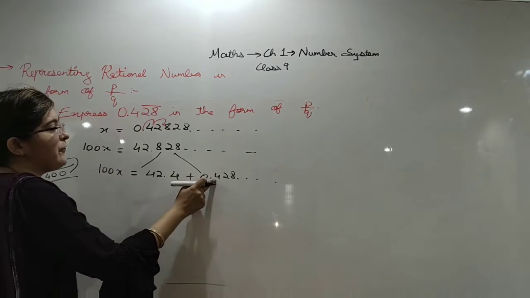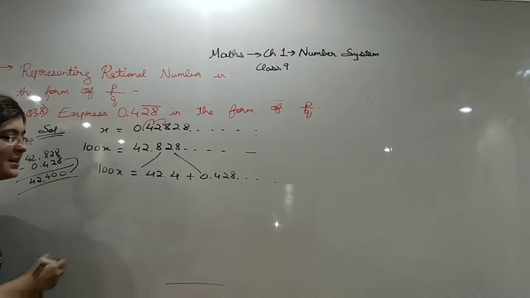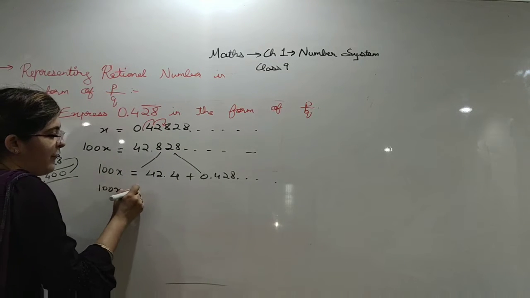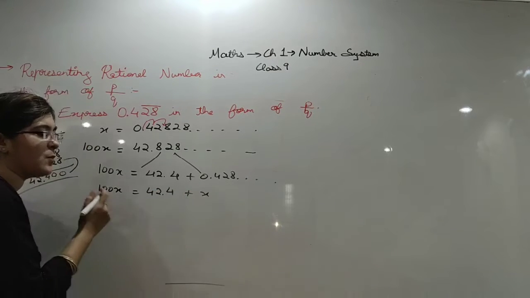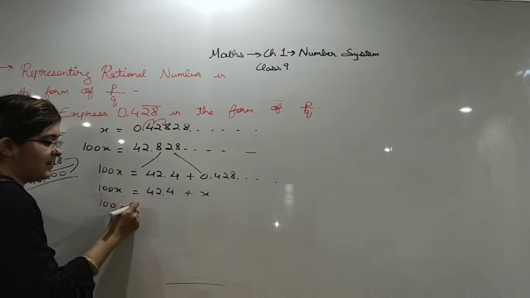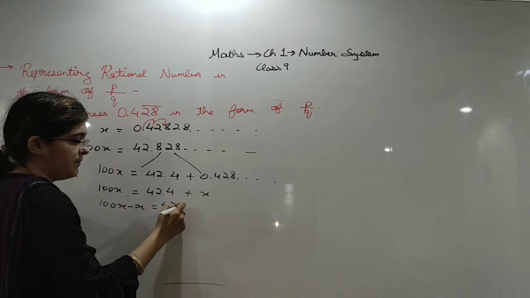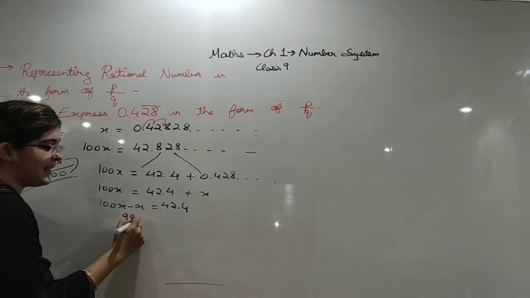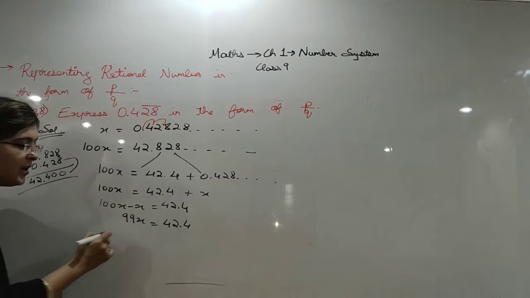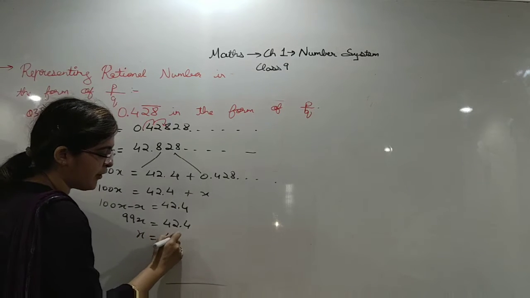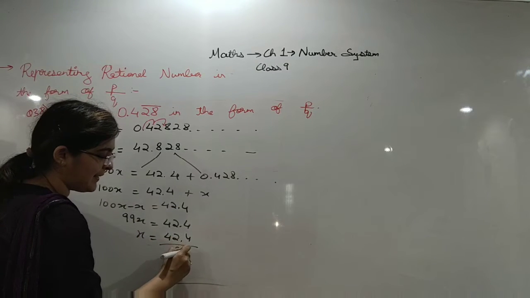So 0.428 was your x. Let's put the value of x here. Now we will shift x towards LHS. It will become 99x is equal to 42.4. Now x will be 42.4 upon 99.